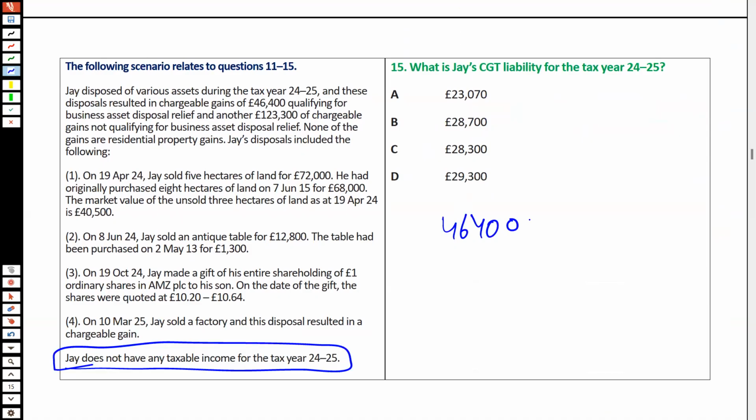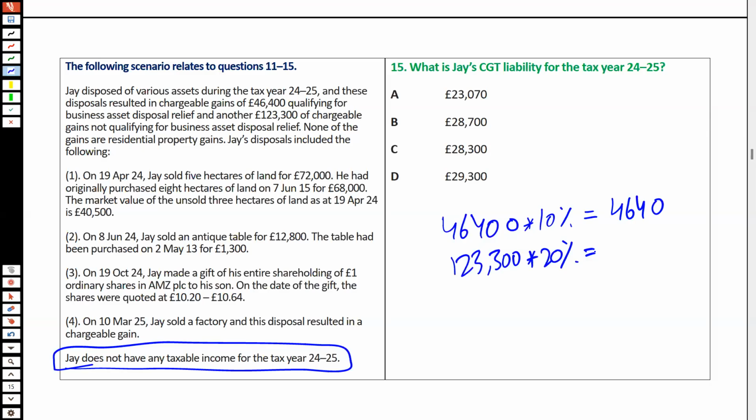Tax bands are first covered by the BADR, right? So 46,400 into 10%, 123,300 into, so all of the basic rate band has been covered by the BADR.